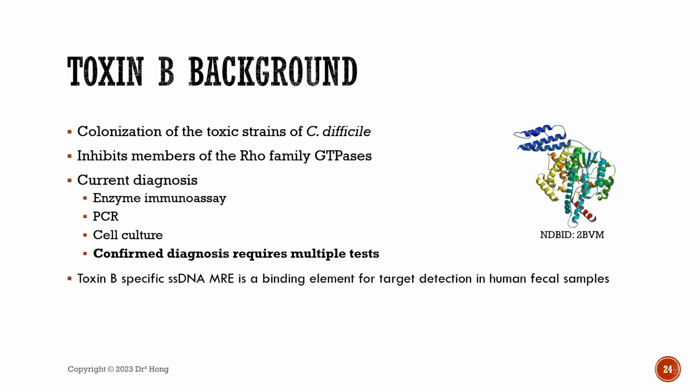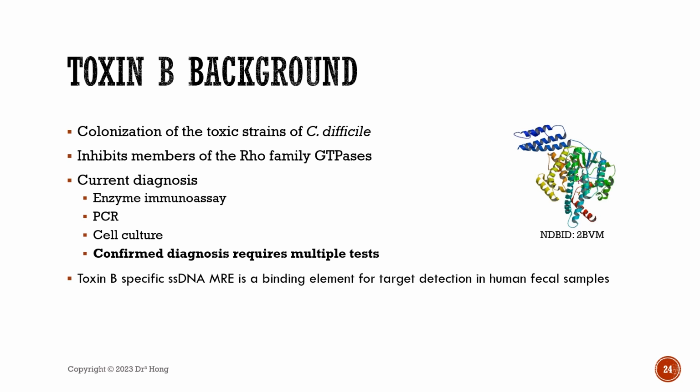Clostridium difficile is actually a natural inhabitant of the intestine. However, when you have an overgrowth of the toxin-producing strain, it will cause problems, and therefore detecting the toxin is relevant. This toxin can inhibit members of the Rho family GTPase. Basically, it causes intestinal inflammation and excessive, severe watery diarrhea.